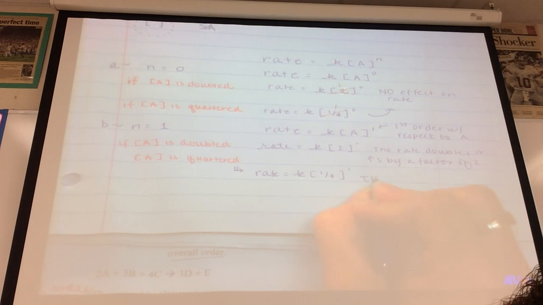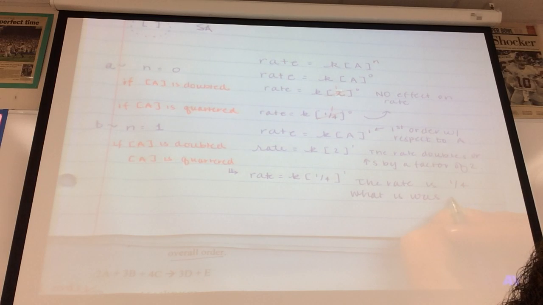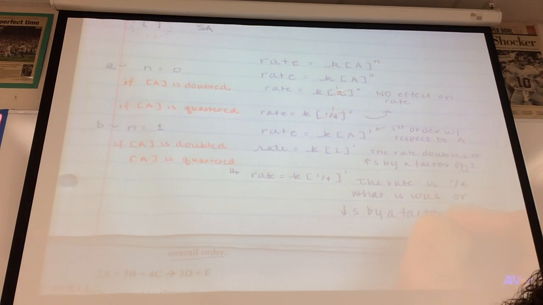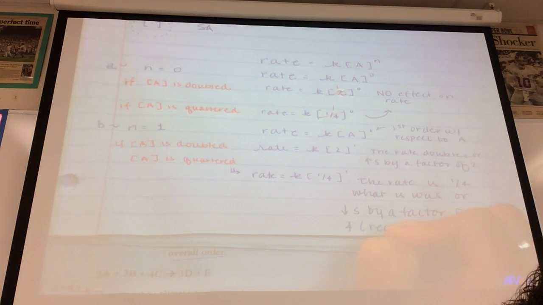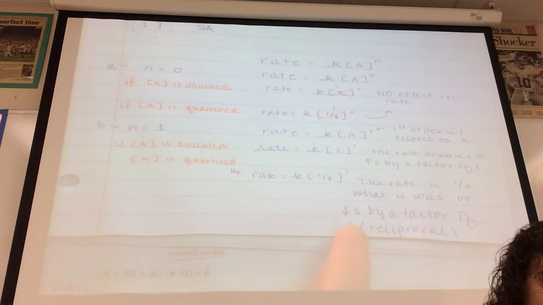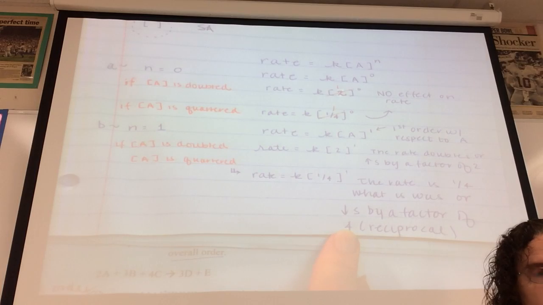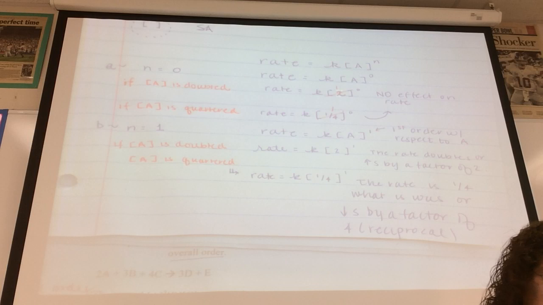So you can say the rate is 1/4 what it was, or the better statement would be, it decreases by a factor of 4, which is the reciprocal of 1/4. So when you get a number less than 1, the rate decreases by a factor of the reciprocal, and we'll do quite a few like that, so you'll start to see it stick.